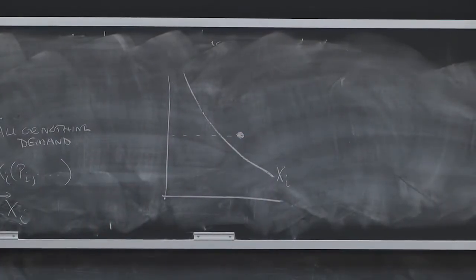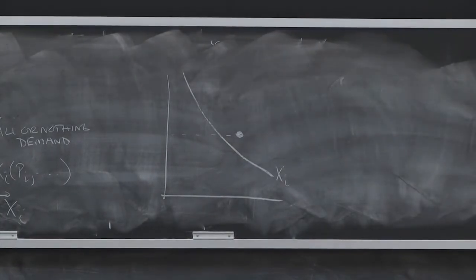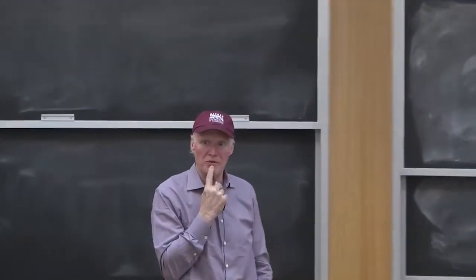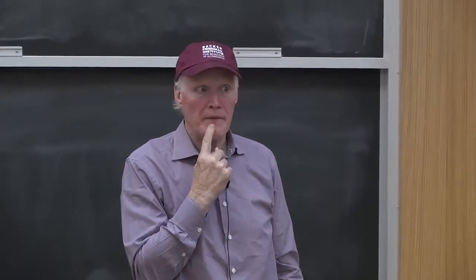He's off his demand curve. And the question is, is that a big deal, little deal, whatever? Or should I be really bothered as an economist that this guy's pushed off his demand curve a little bit?